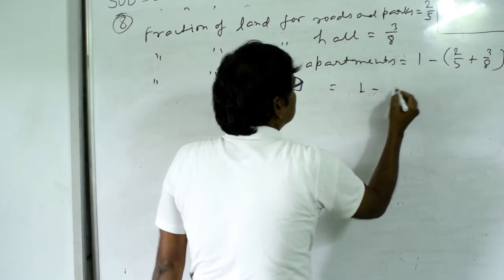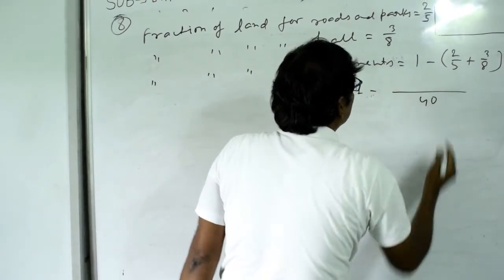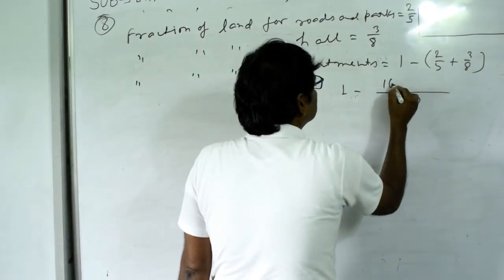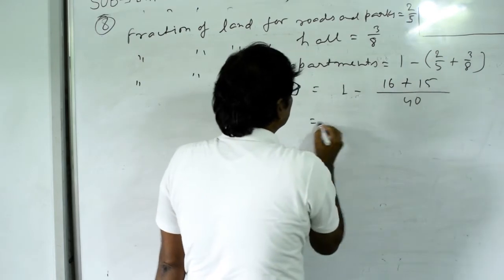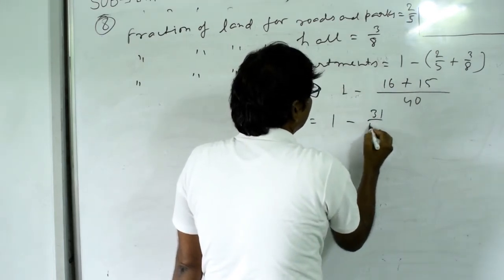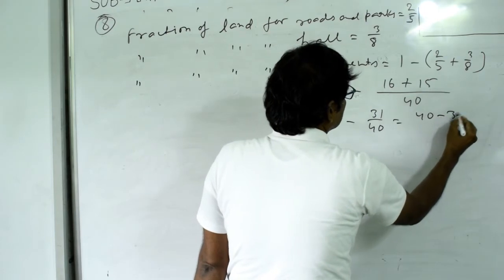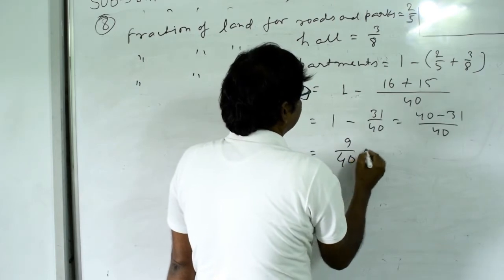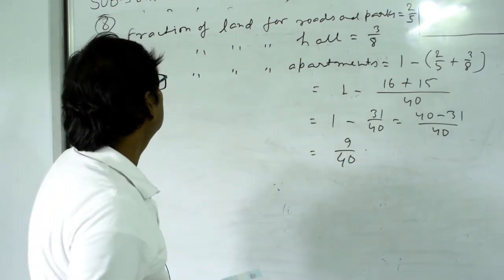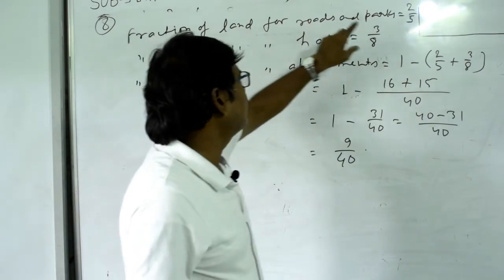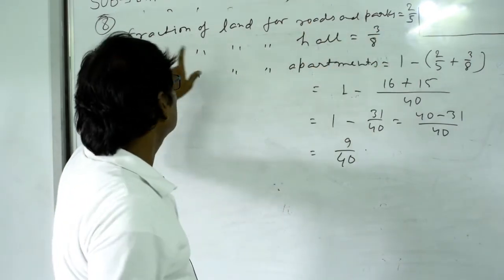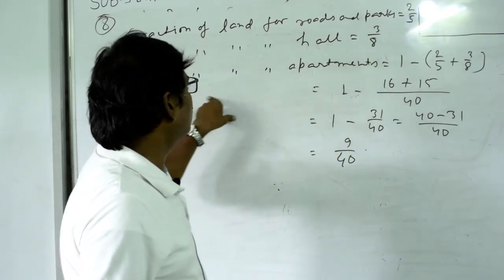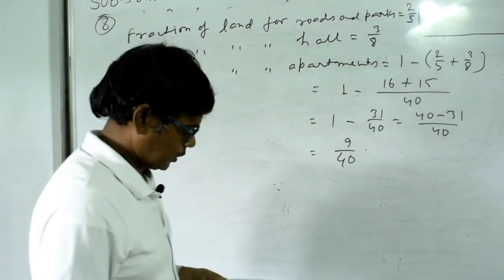So 1 minus, now take the LCM, 40. Then 16 and 15, so it will be 1 minus 31 by 40. 40 minus 31 by 40 is equal to 9 by 40. So the fraction of land for roads and parks is 2 by 5, for the hall is 3 by 8, and for the apartments is 9 by 40.